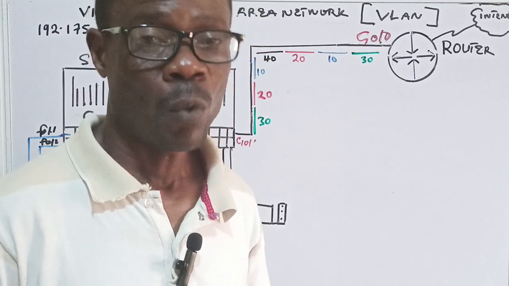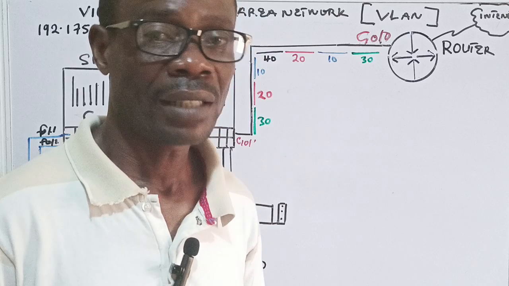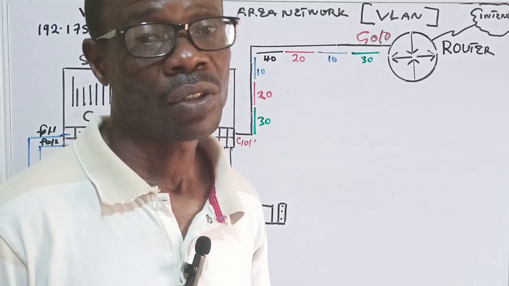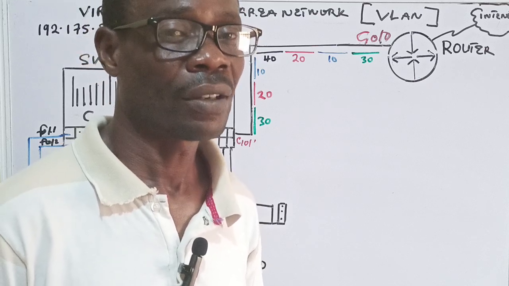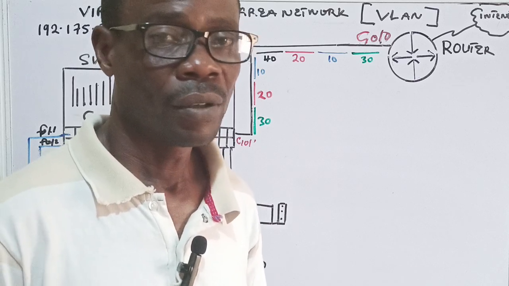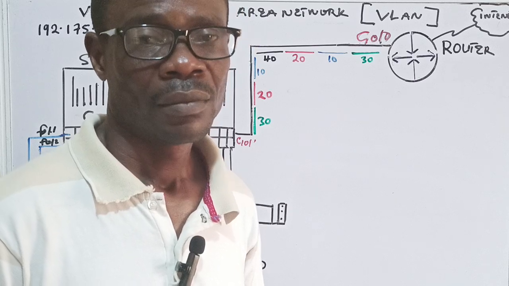What if one user comes with a flash drive and inserts it into a computer, and it happens that this flash drive contains a virus? There's a tendency for this virus to spread through the whole network infrastructure, thereby causing problems.